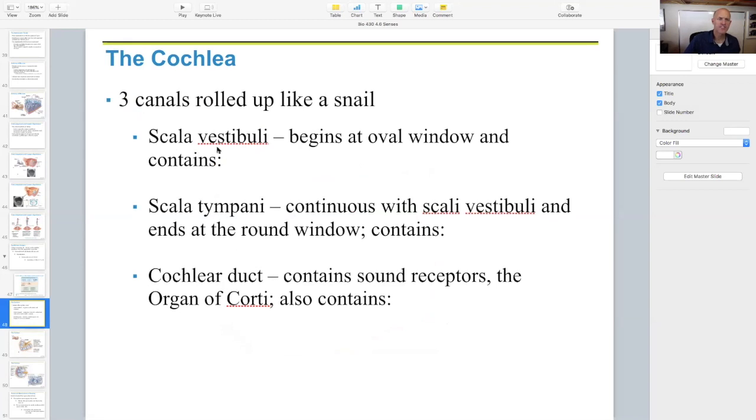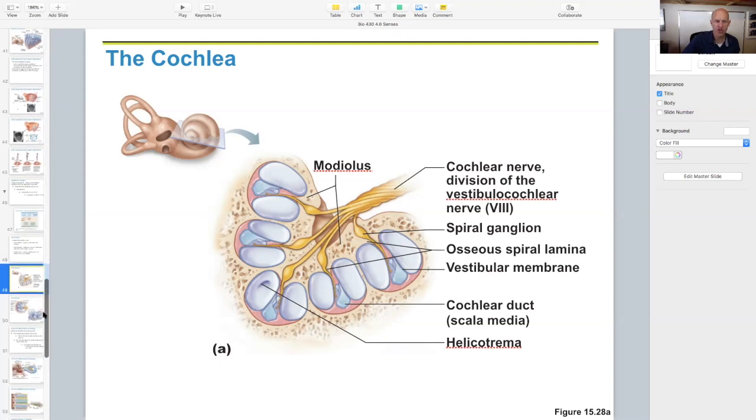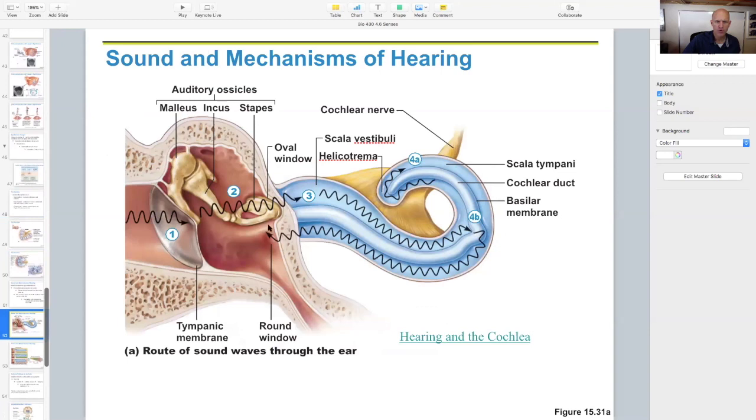Now, the scala vestibuli and the scala tympani, they actually are connected. We do not see connection here, but if we took this cochlea and I started to unwind and unroll it, it would be this long process. So you can actually see I'm starting to unroll it.